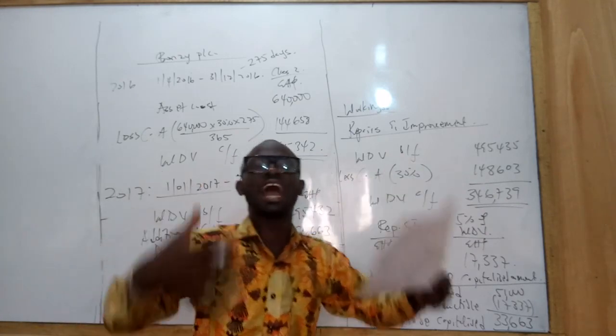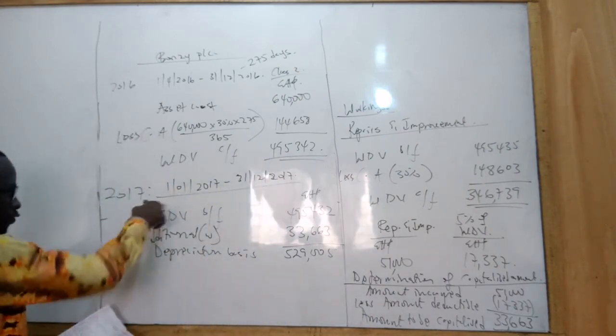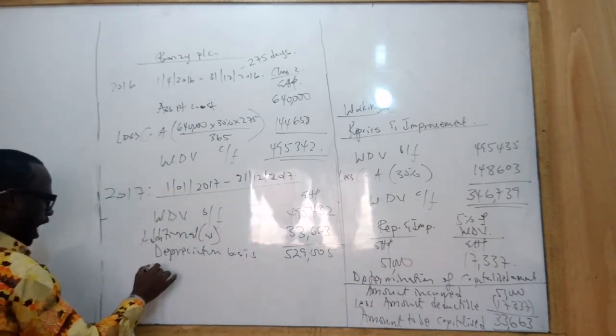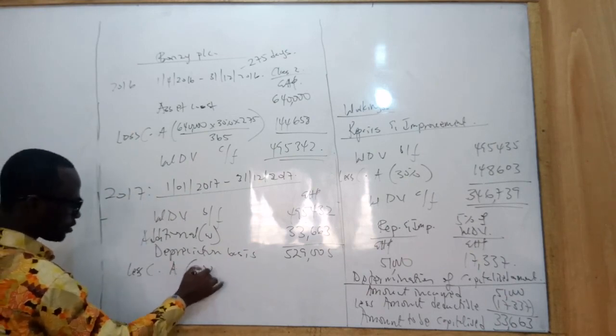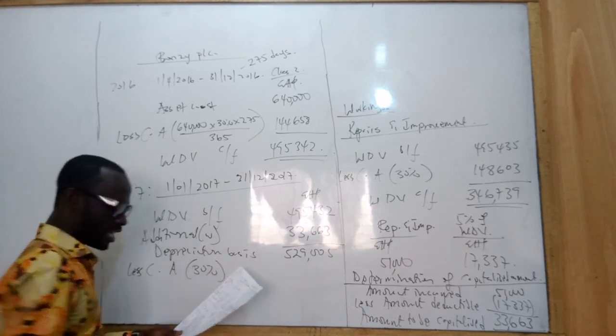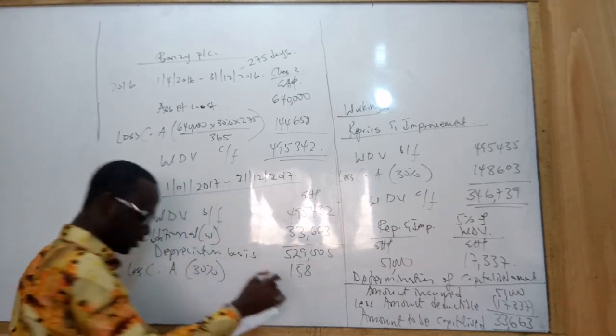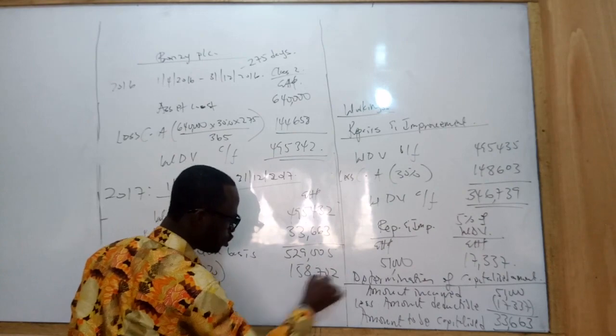So now we can calculate the capital allowance for 2017. The capital allowance for 2017, remember, how many percent? 30% of that, that is going to be 158,702.